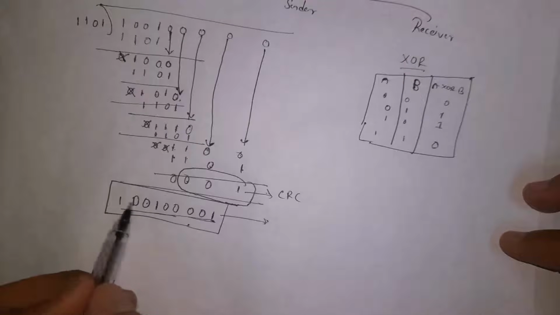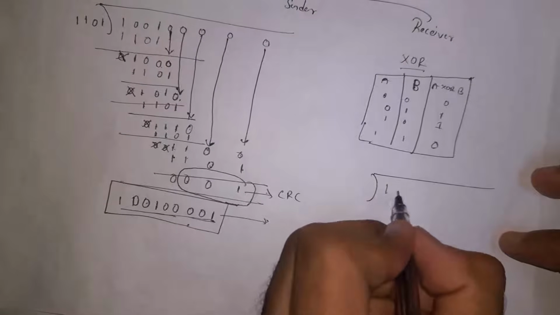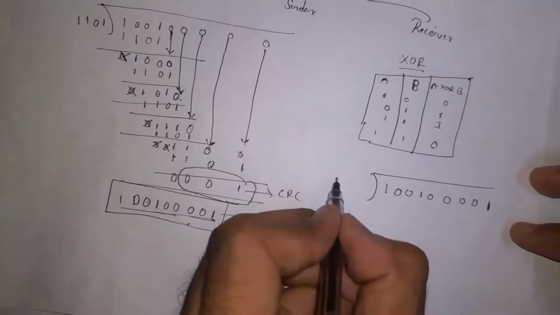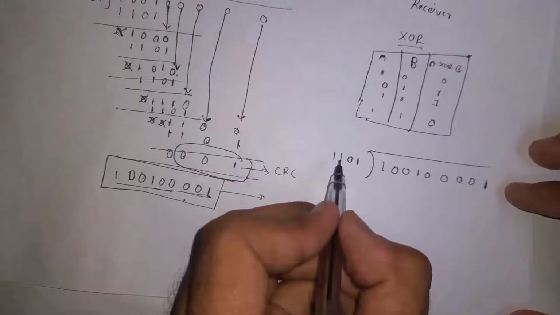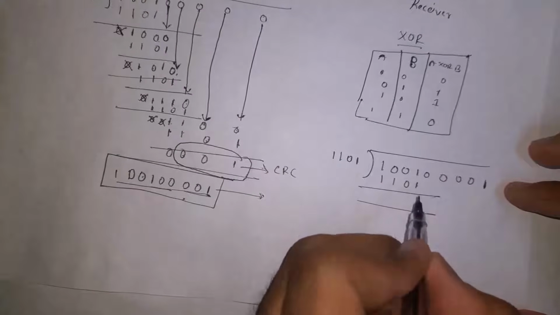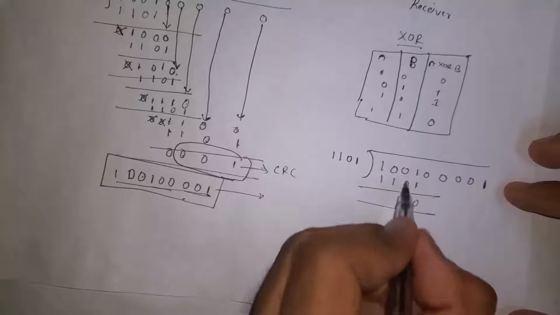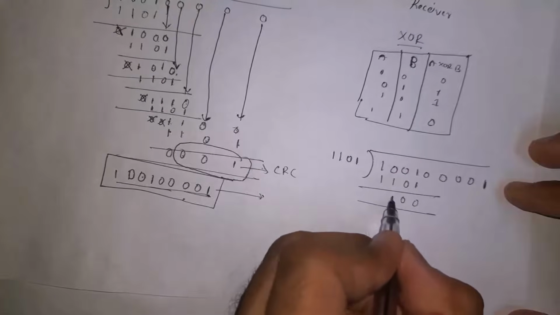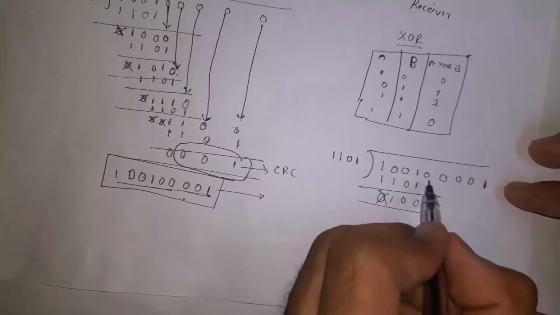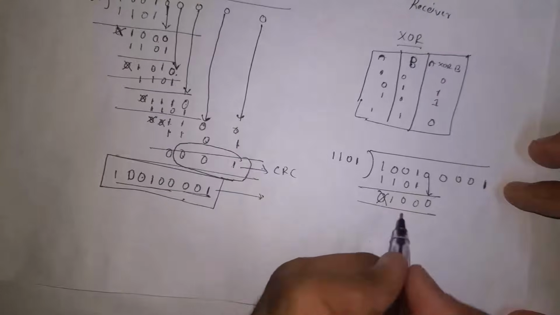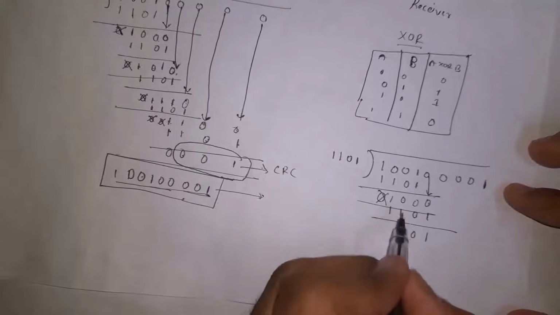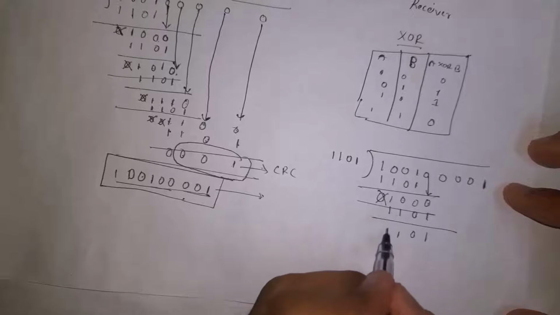Now we will apply CRC for this entire code. So 100100 and 001, and our divisor is 1101. One time we will apply the divisor, that is 1101. If both values are the same, the result is 0. So for 110, for 000, for 011 and for 110. As the last bit contains 0, you can remove this and add the next 0. Again apply divisor 1101 for 011, for 000, for 011 and for 110.